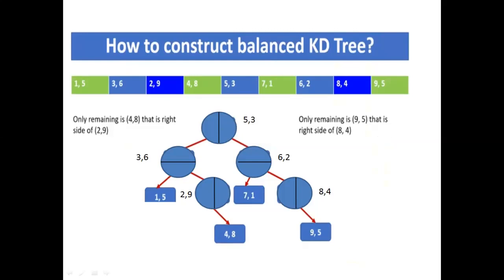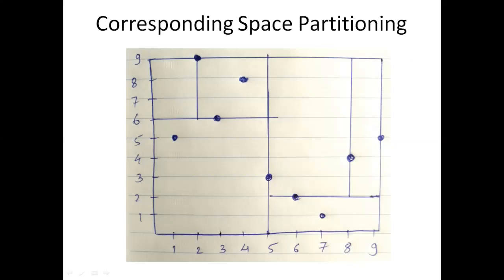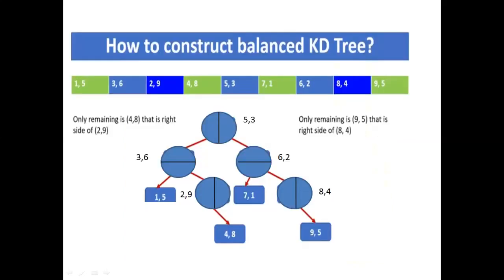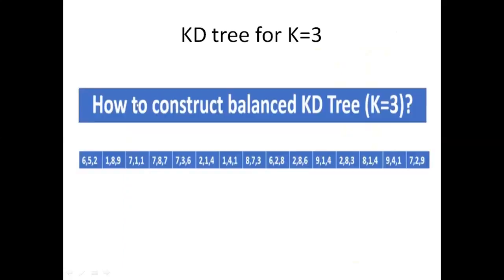But note that it is to the right of 3, 6, which means it will be above 3, 6 because it's a horizontal partitioning. So we'll have 2, 9 above 3, 6. Similarly here 8, 4 will be above 6, 2 and it will be vertical. So here we have 8, 4. This is how we construct the space partitioning diagram.